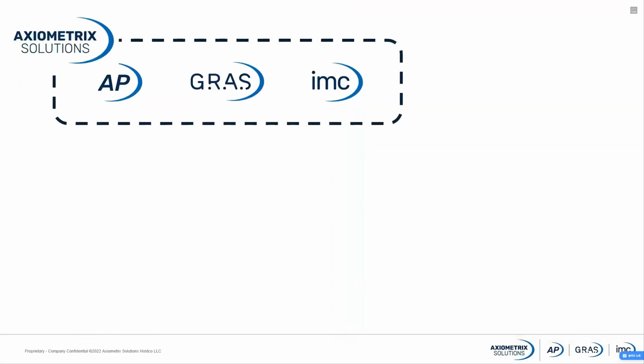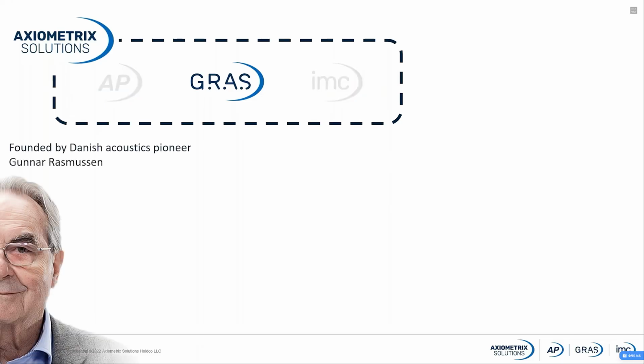Great. I promised you one slide of explanation of GRAS, the company presentation. We are three companies within a group called Axiometric Solutions, and it is three companies called AP, GRAS, and IMC. And what we are concentrating on today is GRAS.